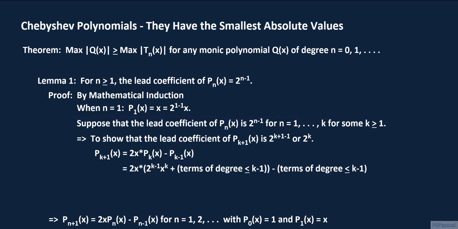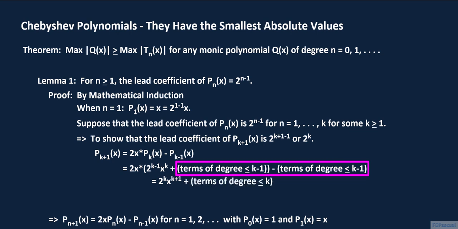After multiplying p_k(x) by 2x, the lead term of this polynomial simplifies to 2 raised to the kth power times x to the k plus 1 power. And the terms of lower order, with or without the multiplication by 2x, will produce terms all of whose degrees are less than or equal to k. Therefore, the lead coefficient of p_(k+1)(x) is 2 raised to the kth power, and this completes the induction proof.